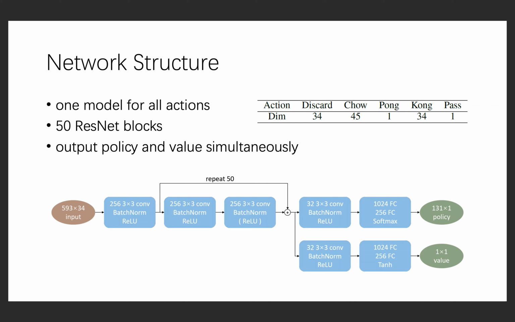And the network has 131 outputs, of which 34 represent discarding 34 unique tiles. 45 of 131 indicate chow, 45 sequences of tiles, and 1 means whether or not to pong the current tile, and 34 represent kong of 34 different tiles, and the last one is passing.